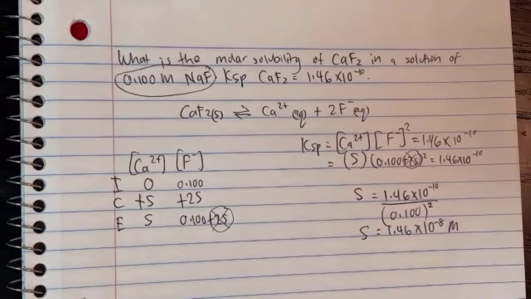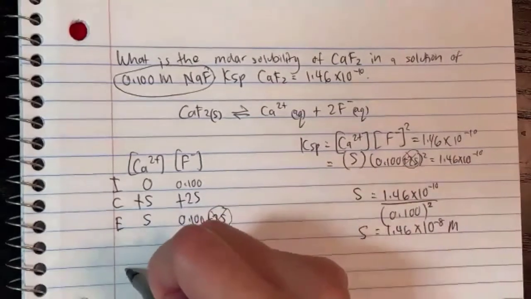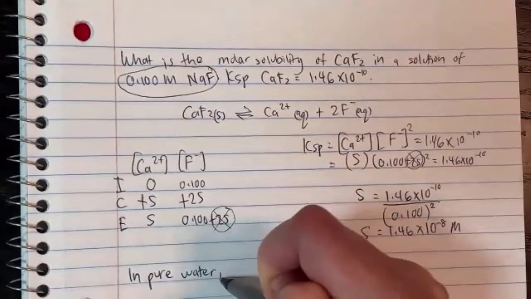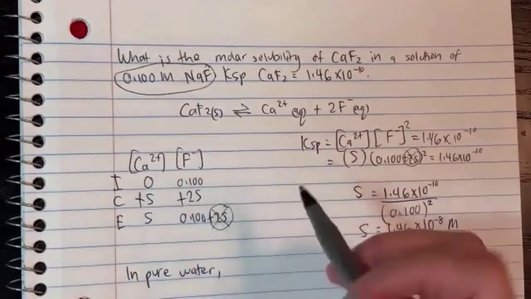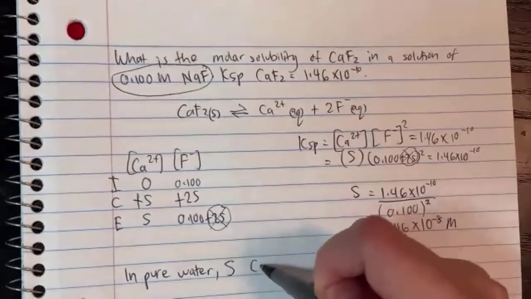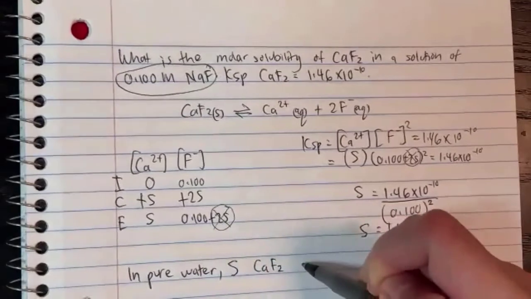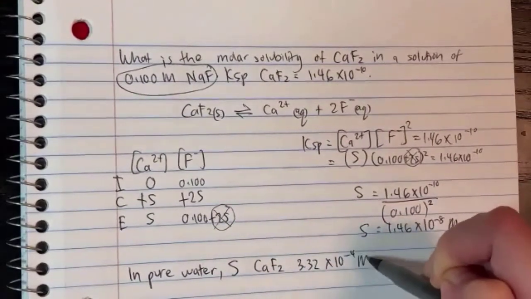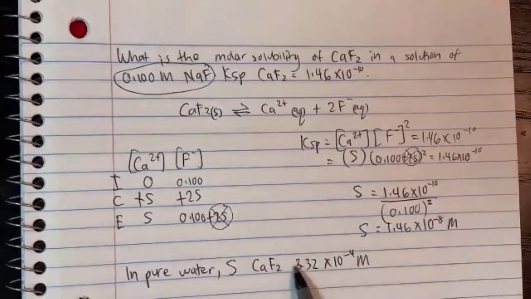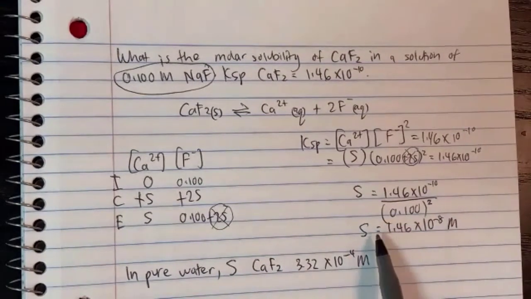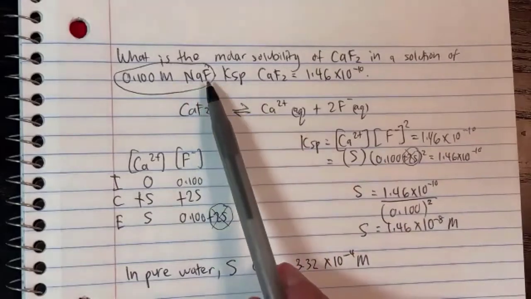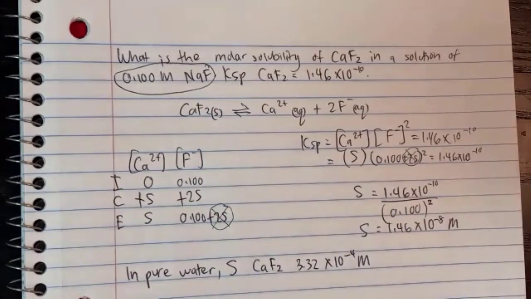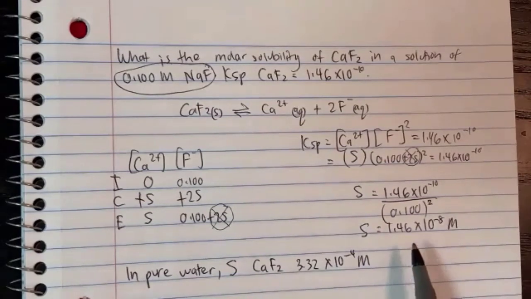Okay, now as a comparison, in pure water, if you calculated this question like what we did in the previous question, where you do the 0, 0, you will calculate the S for CaF2 to be 3.32 times 10 to the minus 4. You see how in water it's a lot bigger? And then if you put it in a solution that has the common ion F here, it becomes a lot smaller. The reason why this happens is the common ion effect.